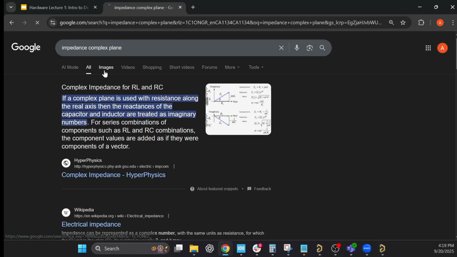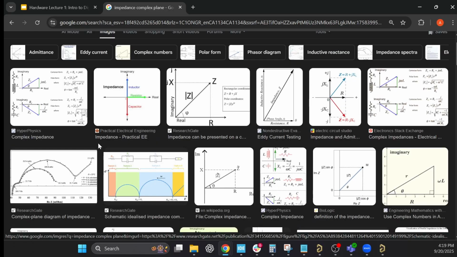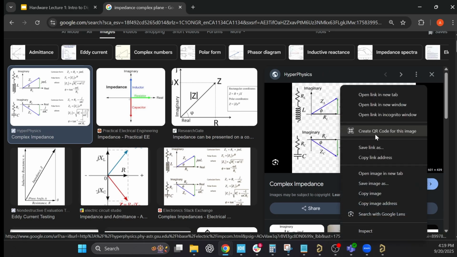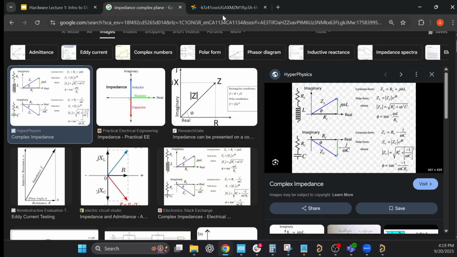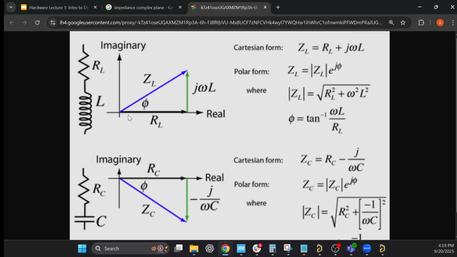So, let's pull something up here. You have a resistance amount. That's your x-axis, your x position. And then you have some y position, which changes with frequency, by the way. j is just i, the imaginary number constant, square root of negative 1. They sometimes just say j instead of i.